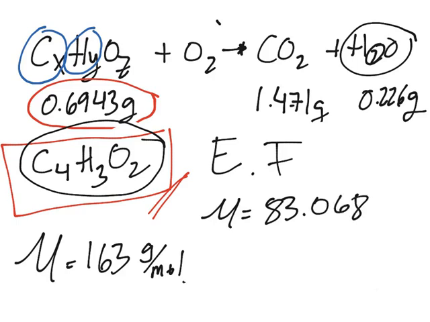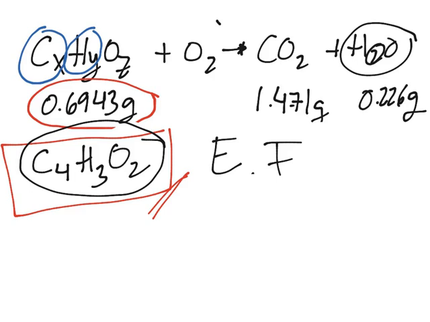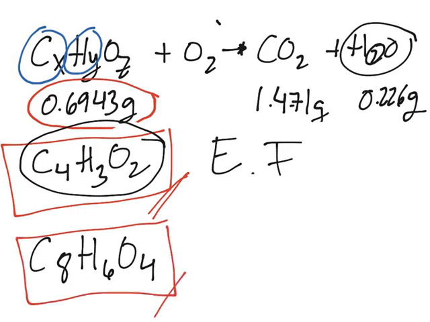So when you divide, we get a coefficient of 2 here. So we have to multiply the empirical formula by 2 to get the molecular formula. At the end, our molecular formula would be C8H6O4, and that is the compound that we have in this equation. That's it for combustion analysis.